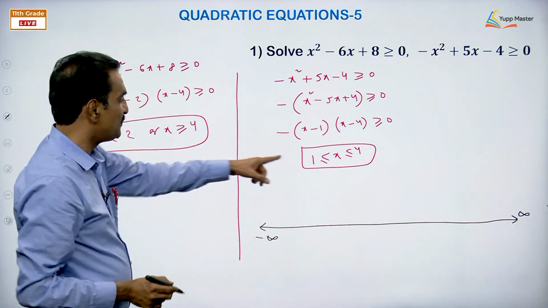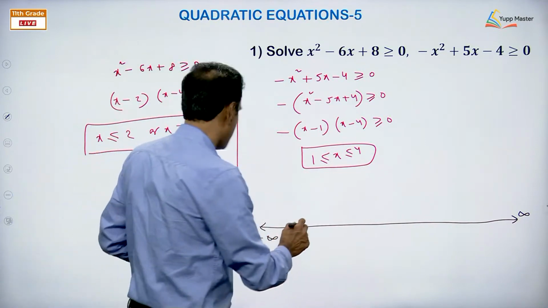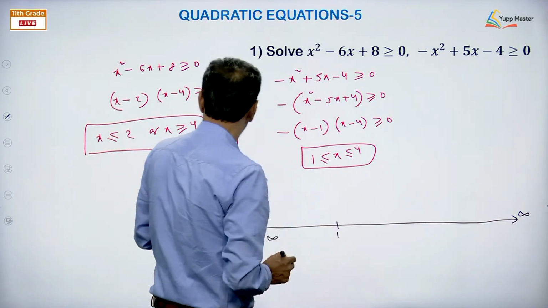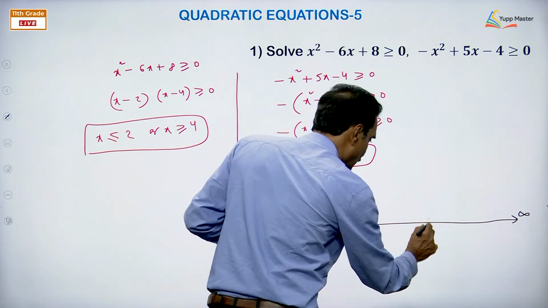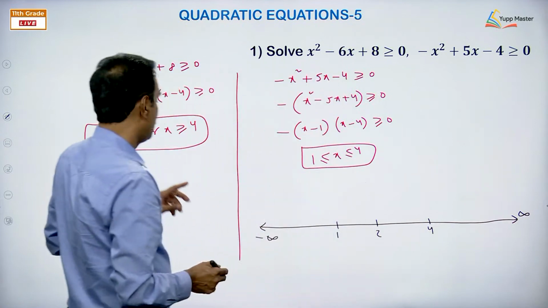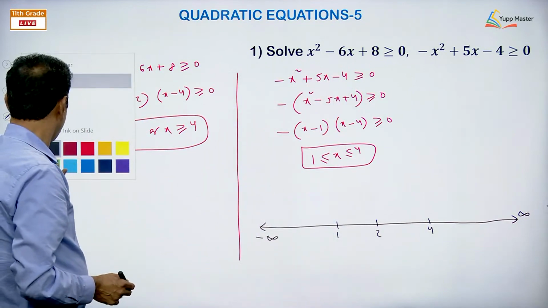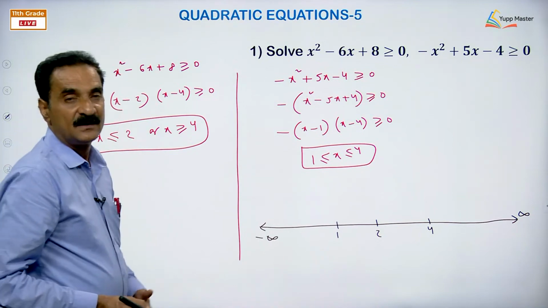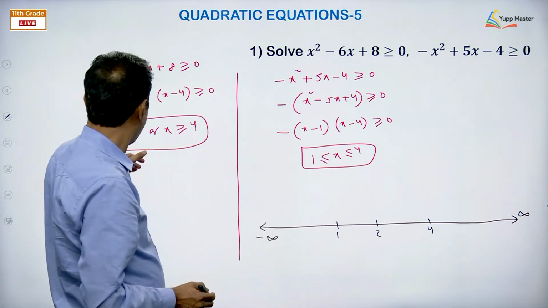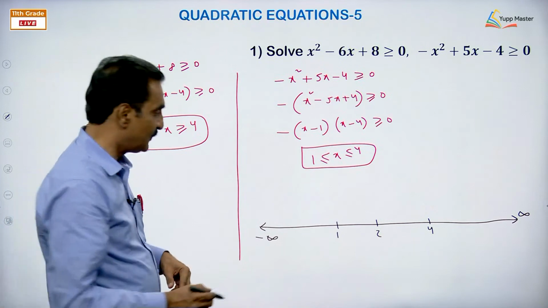Where are the numbers? Smallest number is 1, next is 2, next is 4. The first interval is x less than or equal to 2 or greater than or equal to 4.